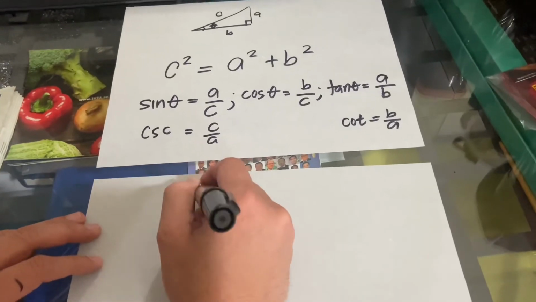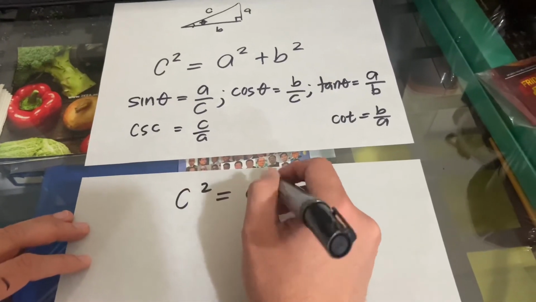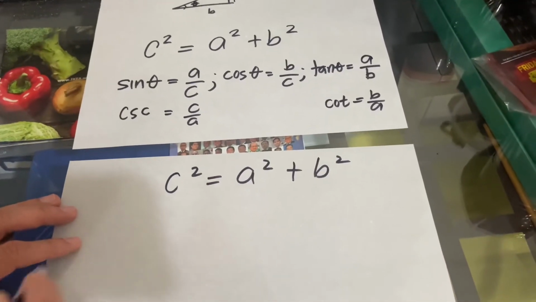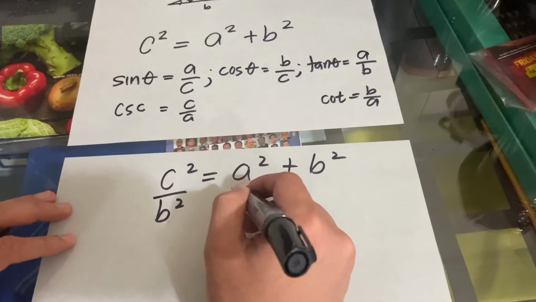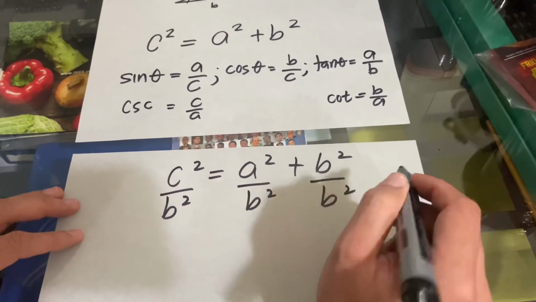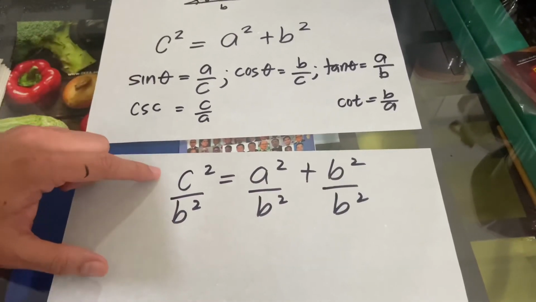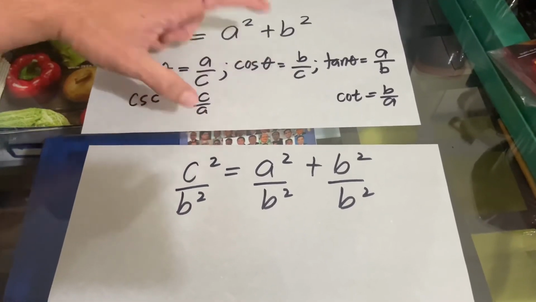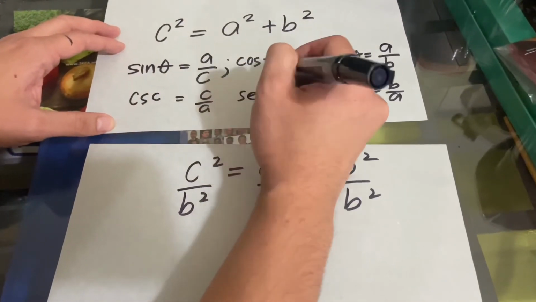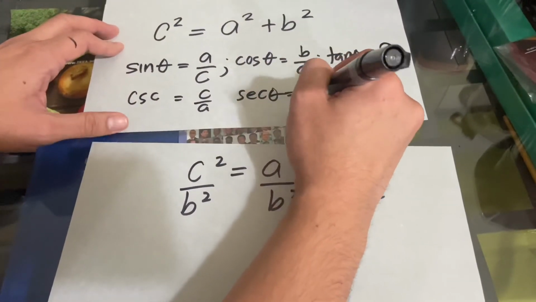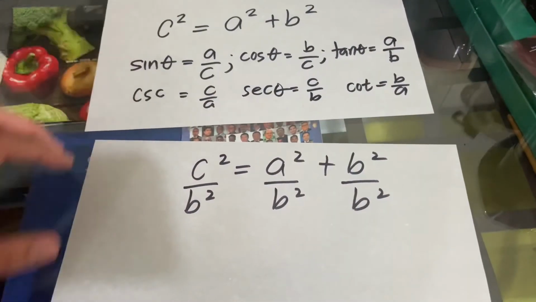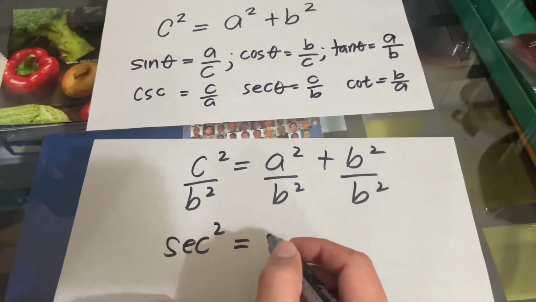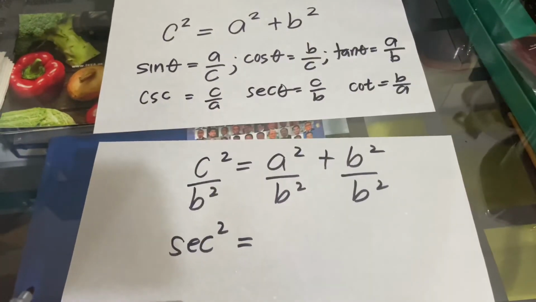So again, from the basic, you have c squared is equal to a squared plus b squared. This time, we will try to divide all terms by b squared. So c squared over b squared, that is, cosine is equal to b over c, so secant theta is equal to c over b, which is the reciprocal of cosine. So you have secant squared is equal now to a over b, that's tangent, right?